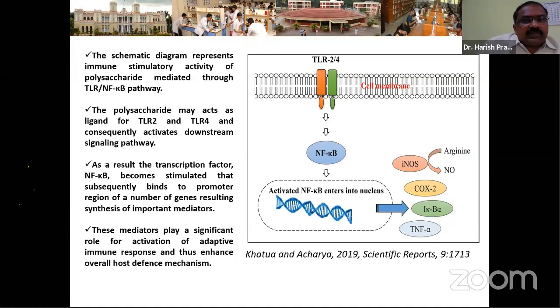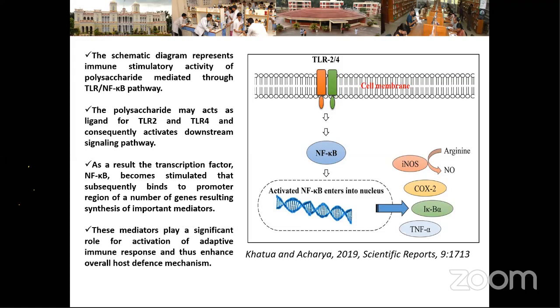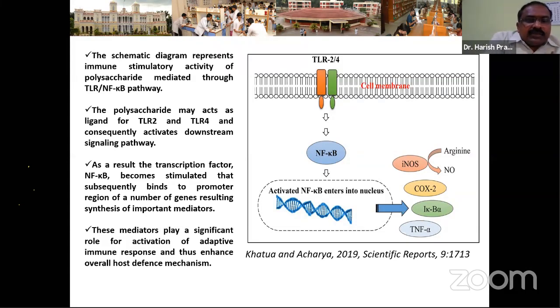I'm also comparing with other recent reports. As I am showing here, it mediates through TLR2 and TLR4, activates downstream signaling, and in turn the transcription factor NF-kappa B becomes stimulated, enters the nucleus and binds to the DNA, and the synthesis of important mediators like TNF alpha and others will happen. This in turn increases NF-kappa B activation.